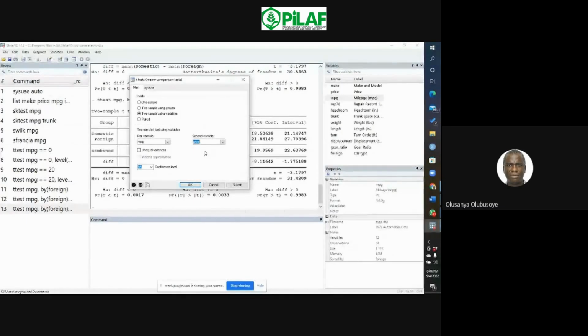So I can look at whether the mean performance of this group is the same as the mean performance of the new group. So this is the kind of situation when you use this.